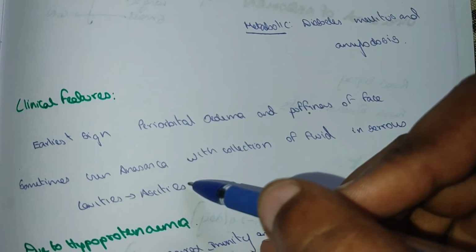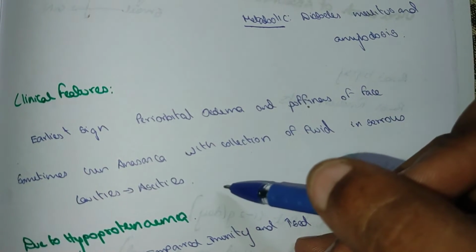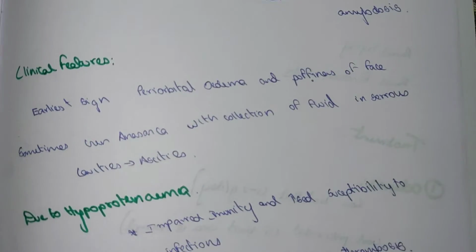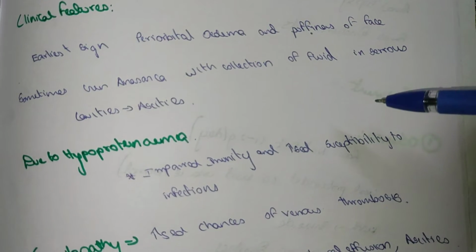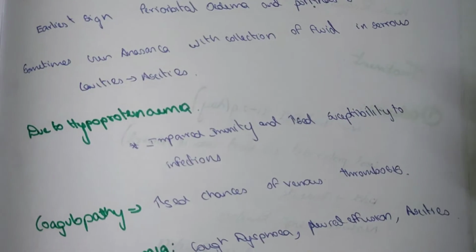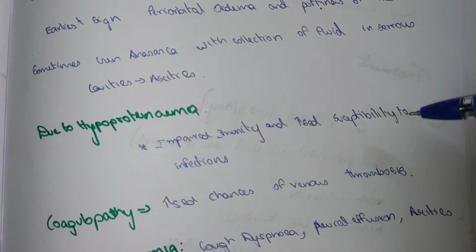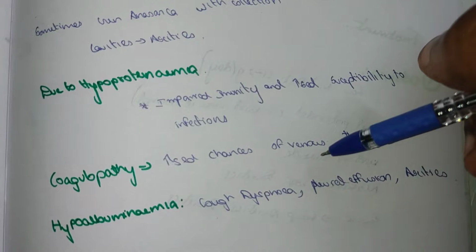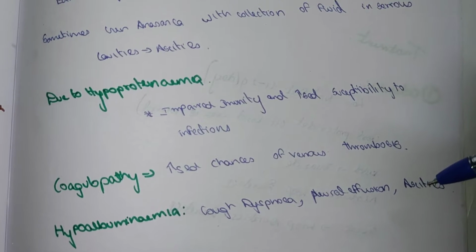Generalized anasarca means edema all around the body. Due to hypoproteinemia, there is impaired immunity and increased susceptibility to infections. Coagulopathy gives an increased chance of venous thrombosis. In hypoalbuminemia, cough, dyspnea, pleural effusion and ascites are common.